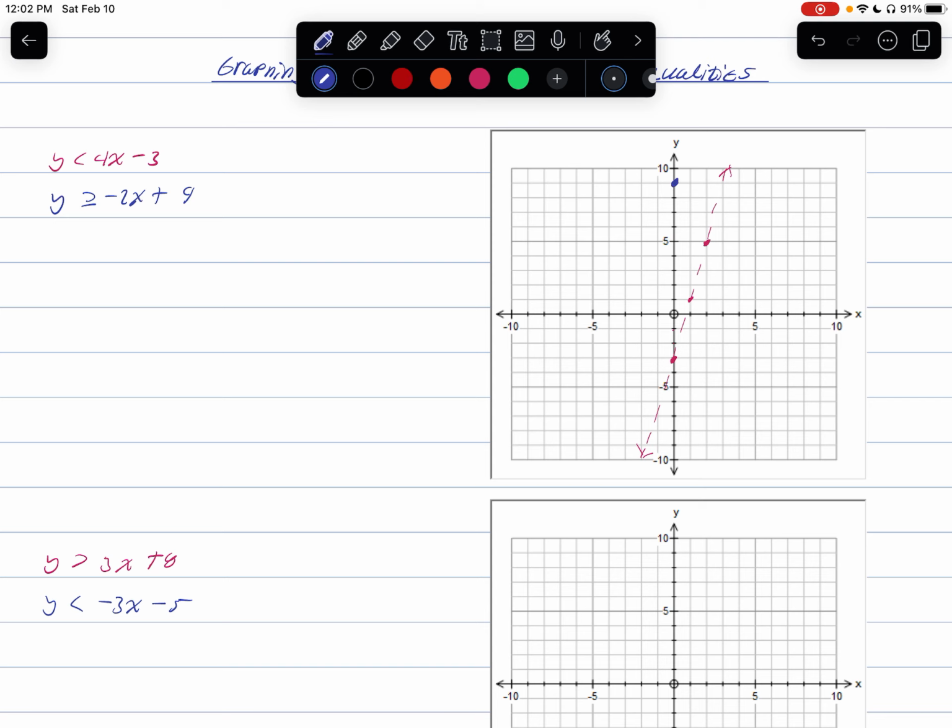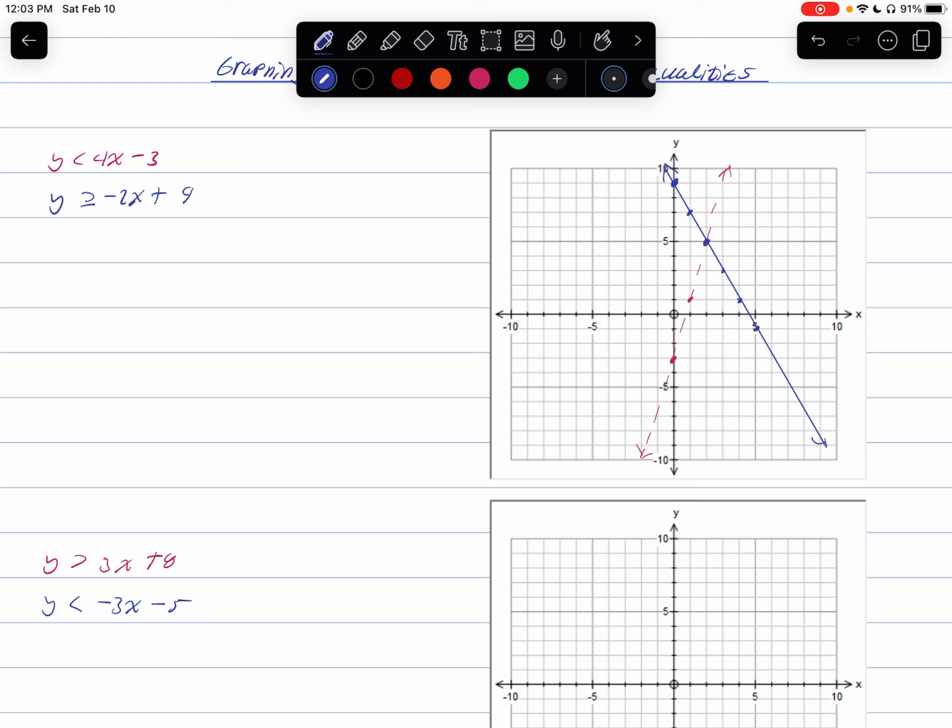And we have a slope of negative 2, so we're going to go down 2 to the right 1, down 2 to the right 1, down 2 to the right 1, and keep doing this as long as we want. And we're going to use a solid line because we have y greater than or equal to, so we're going to include the line as part of our graph.